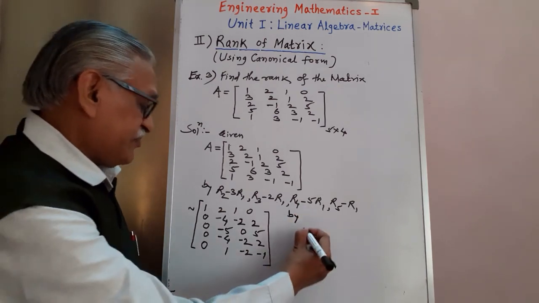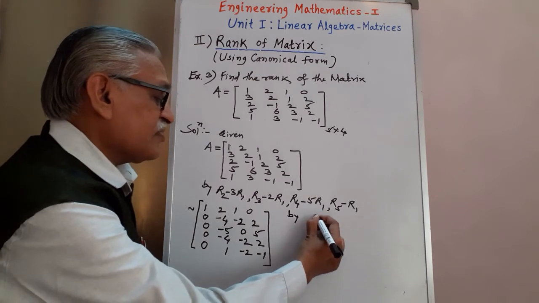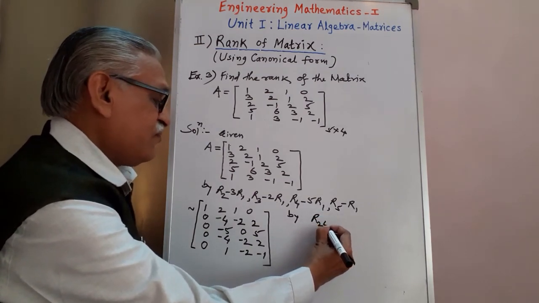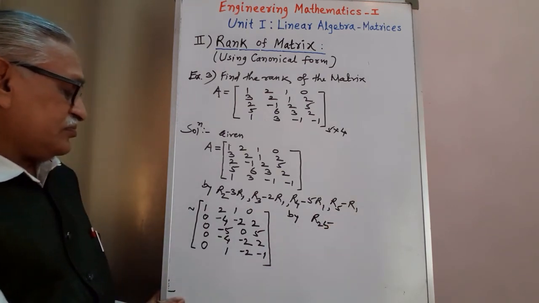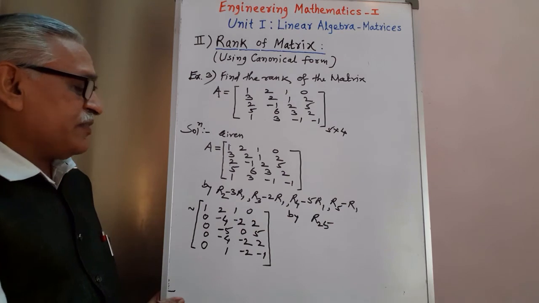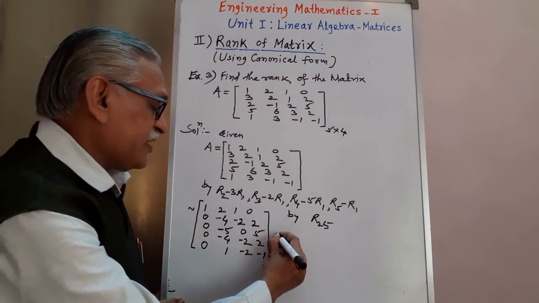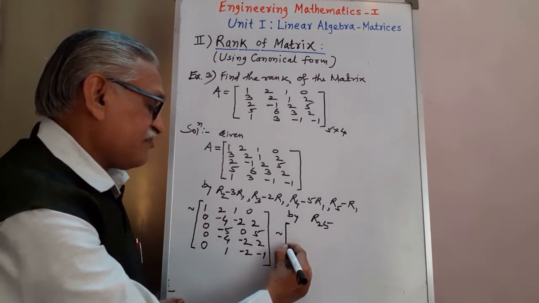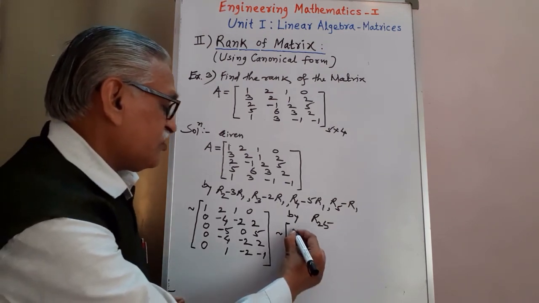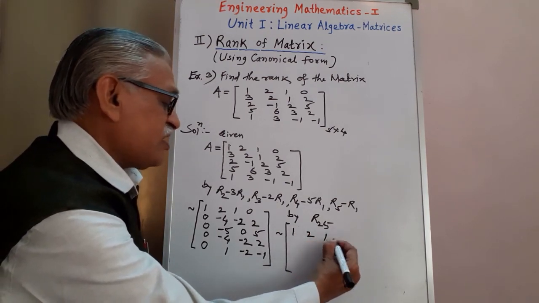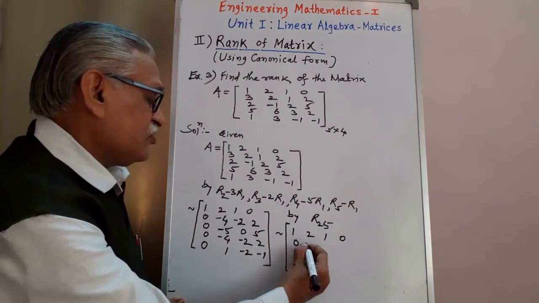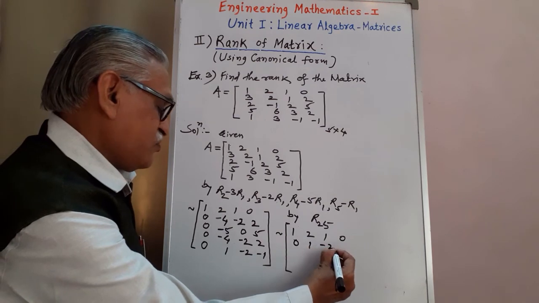Therefore, I will apply that by interchanging the second row with the fifth row. Interchanging second with fifth and fifth with second, we get first row no change, 1 2 1 0. Second becomes 0 1 minus 2 minus 1.